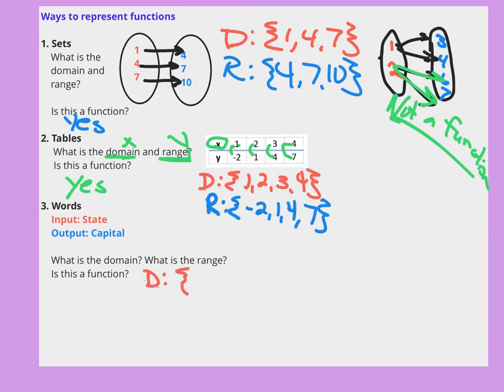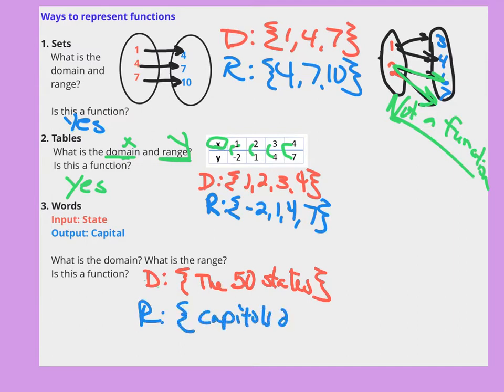So we're going to say the 50 states. And then the range of this function would be the capitals of each state.